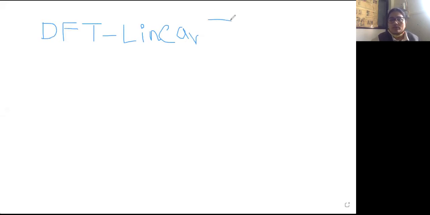The next point we will be discussing is DFT as a linear transformation. Linear transformation in the sense that we will be representing the input signal in terms of a matrix. Here we will be applying the matrix methodology.